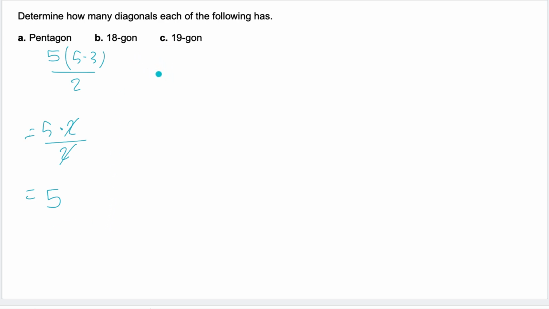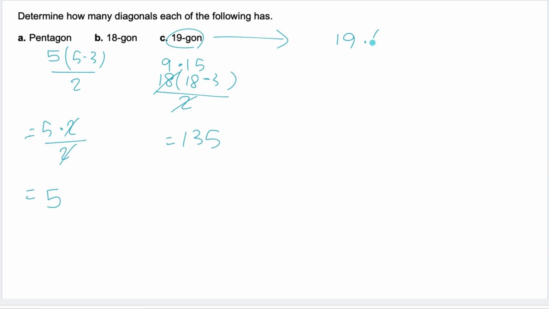Okay, 18-gon. 18 times 18 minus 3, divided by 2. This is 9. 18 minus 3 is 15. So 9 times 15 is 135 diagonals. 19-gon. 19 times 19 minus 3, divided by 2.